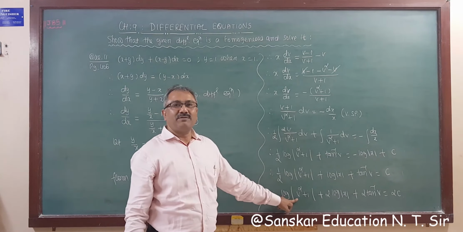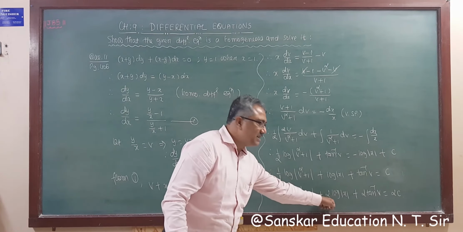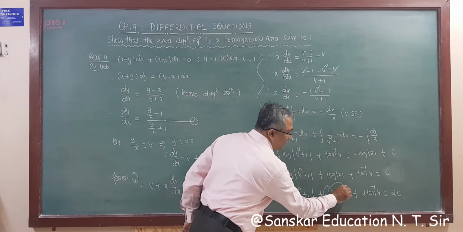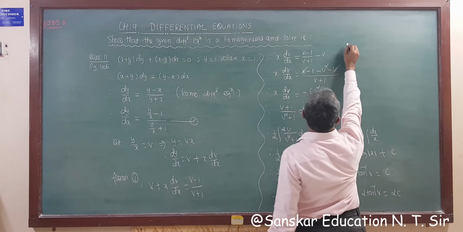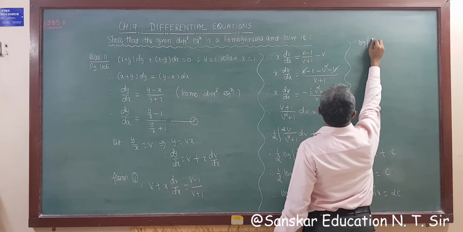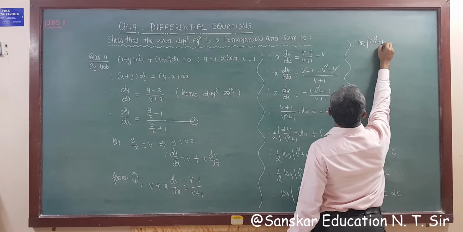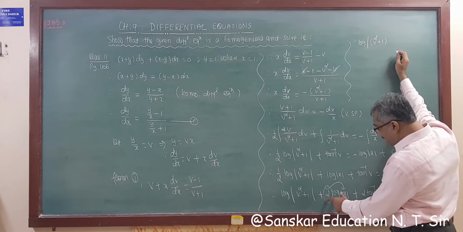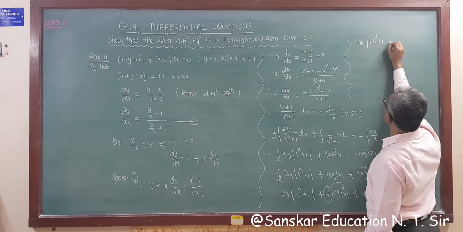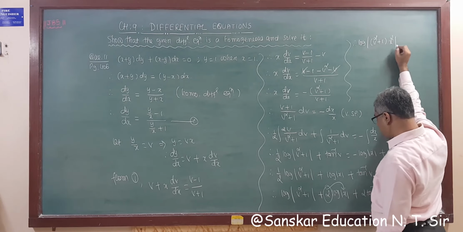Now substituting the value of v. Before that, log a plus log b is log ab, and we have to take these to a power. So we get log modulus of v square plus 1, and this is log x square. So log a plus log b is log ab, so this is x square.